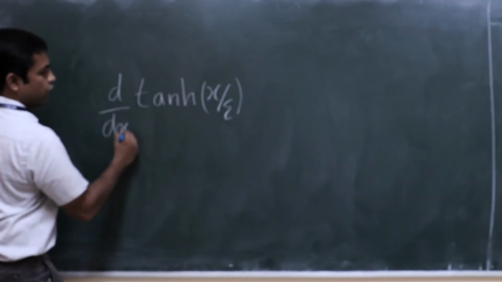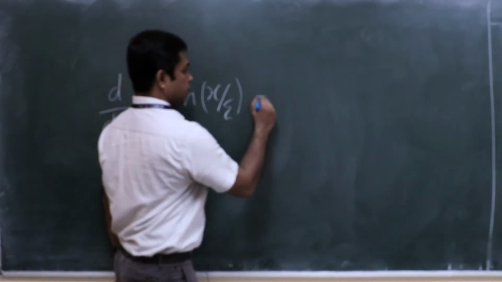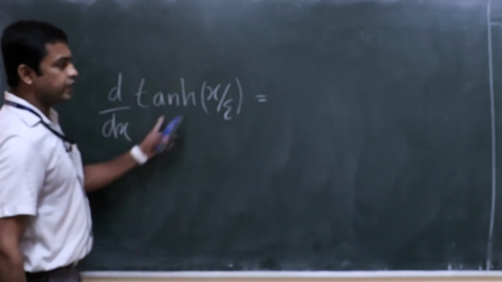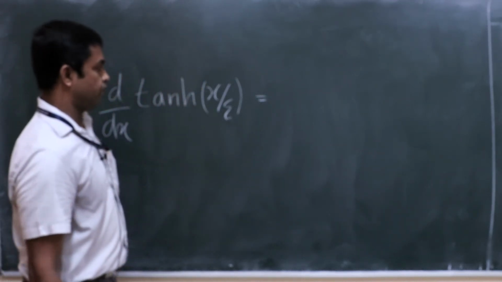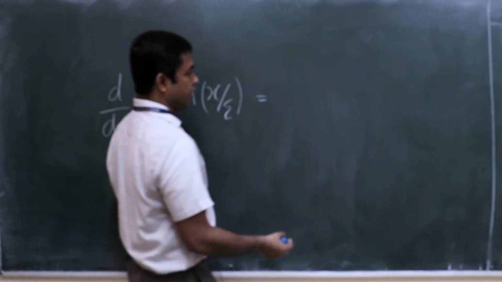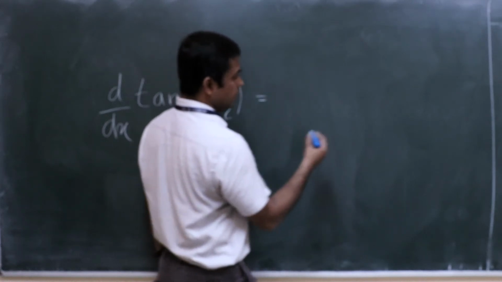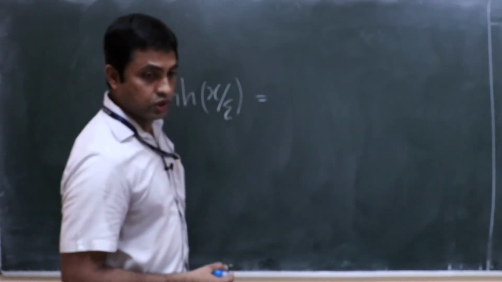What is the derivative of tan hyperbolic? You can find out it is basically sec hyperbolic square.